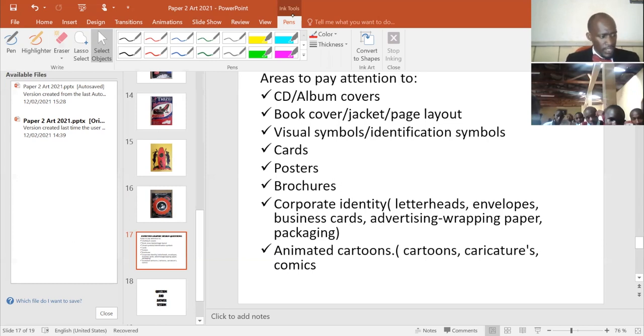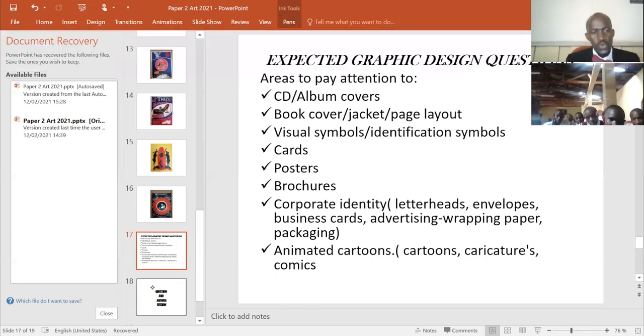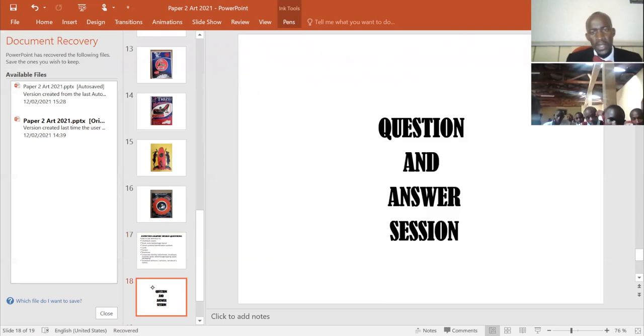So with all that, those are some areas and how to go about them when handling the paper 2 exam, both in drawing, painting, and graphic design. At this juncture, I would welcome questions from the learners present.